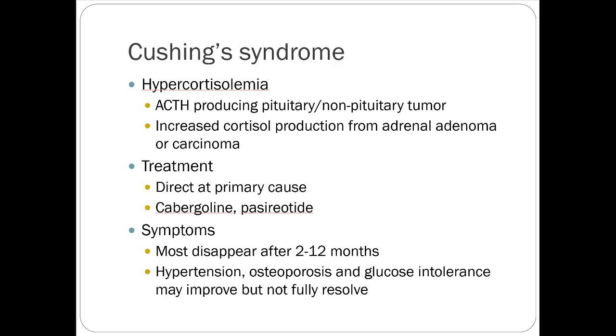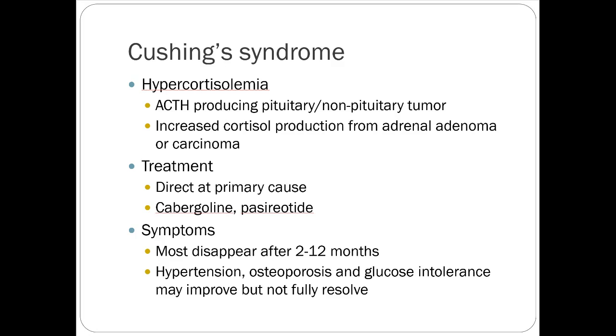So mostly it's a cancer-related thing, but you could have other maybe autoimmune issues or possibly other responses that are causing it. Treatment is to direct the primary cause, so try and treat the cancer.